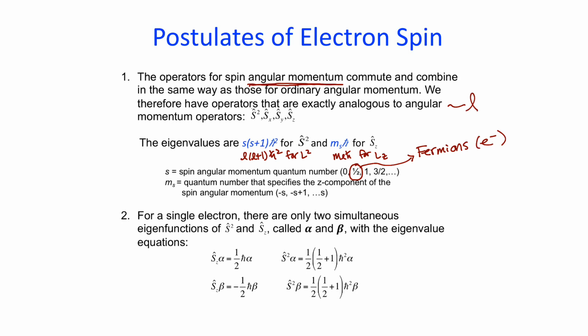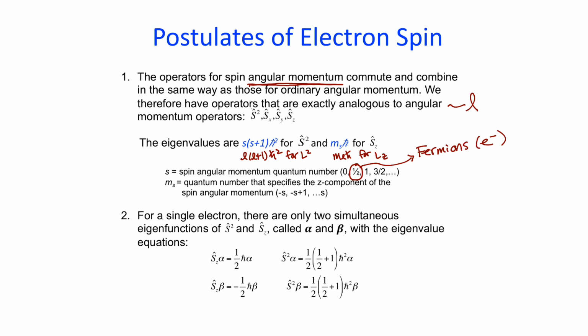Whenever you've been asked what are the 4 quantum numbers associated with an electron, that last number, your m sub s, is usually where you have your plus or minus 1/2 option. That follows the same rules as our m sub l. It's going to range from minus s, minus s plus 1, all the way to s.